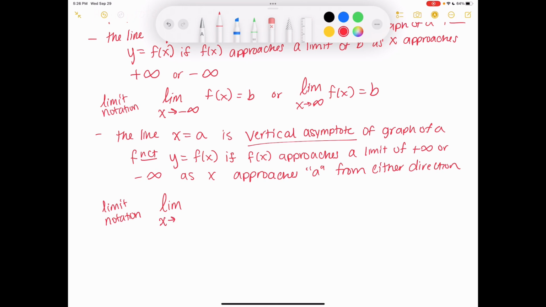Limit as x approaches a from the left (the negative sign in the superscript means from the left) of f of x is equal to positive or negative infinity, or the limit as x approaches a from the right of f of x (the positive superscript means from the right) is equal to positive or negative infinity.